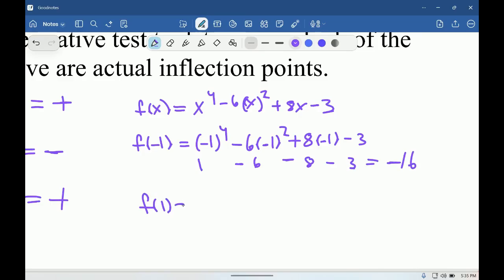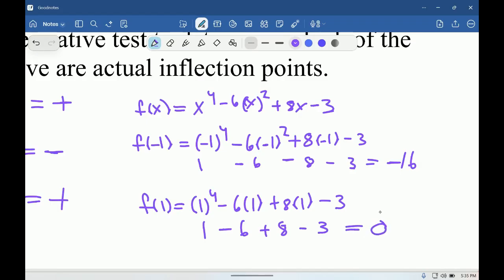And then f(1) equals 1 - 6 + 8 - 3, which gives us 0.